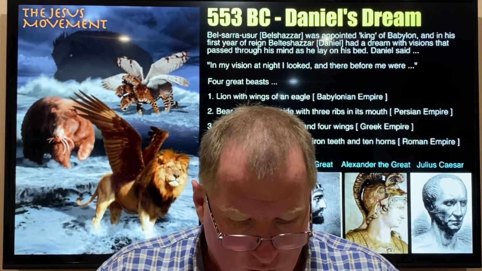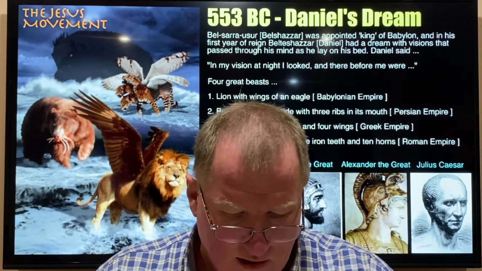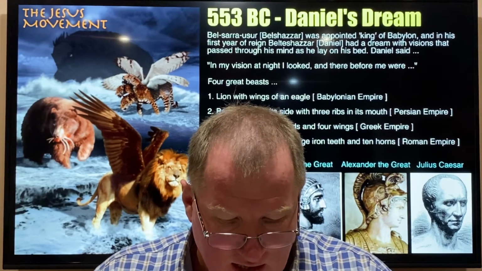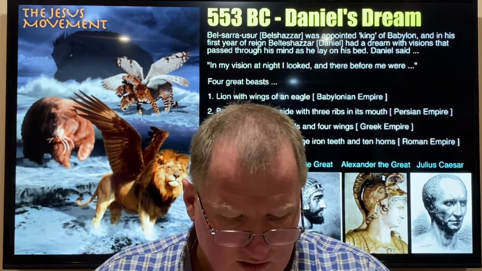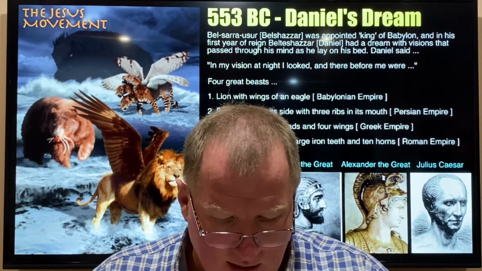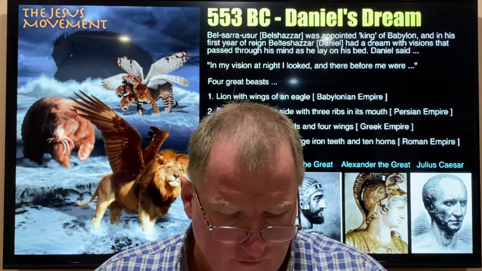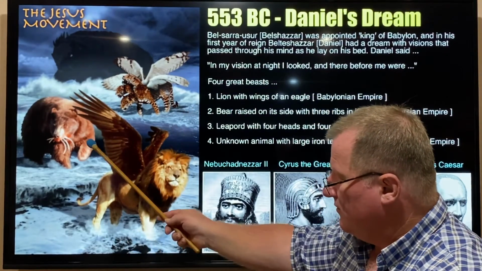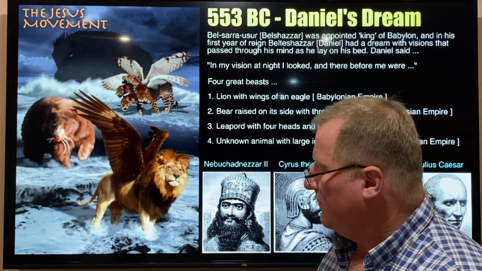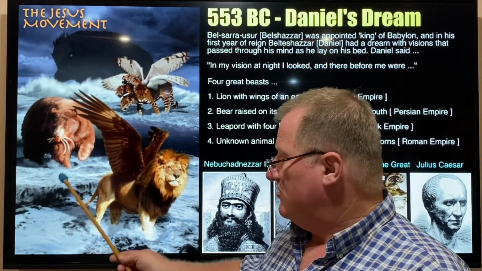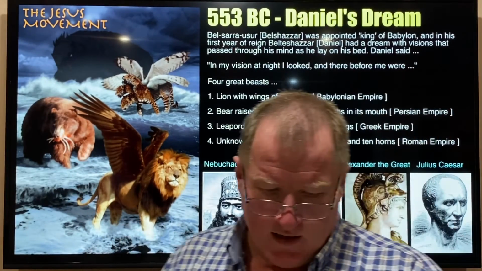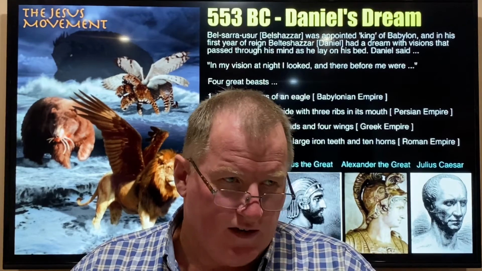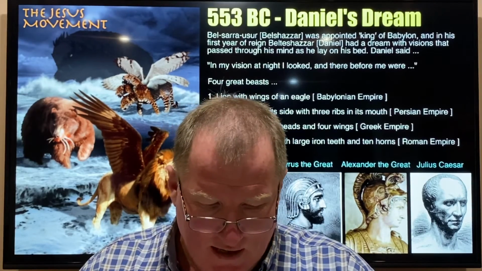The second looked like a bear who was raised on its side, and it says it had three ribs in its mouth and was told in Daniel 7 verse 5, "Get up and eat your fill of flesh." And so this is the bear with the three ribs in its mouth. Now it's giving an action to this. It's saying get up and eat your fill of flesh.